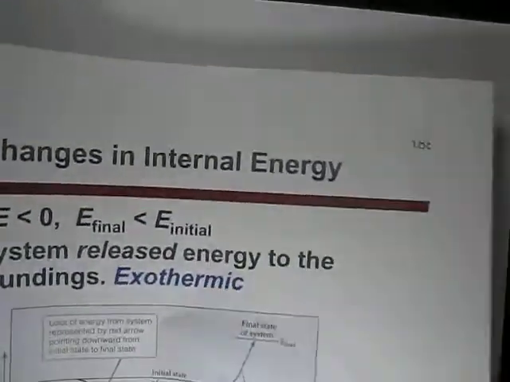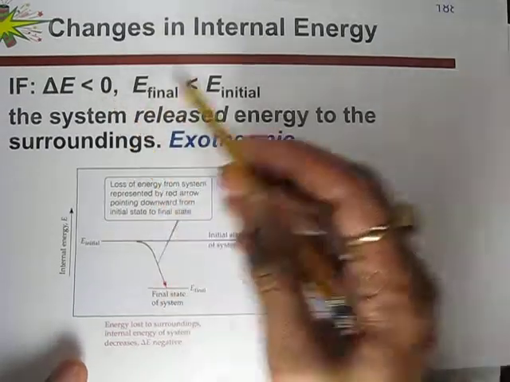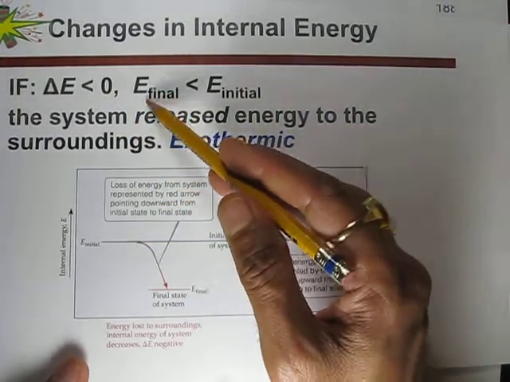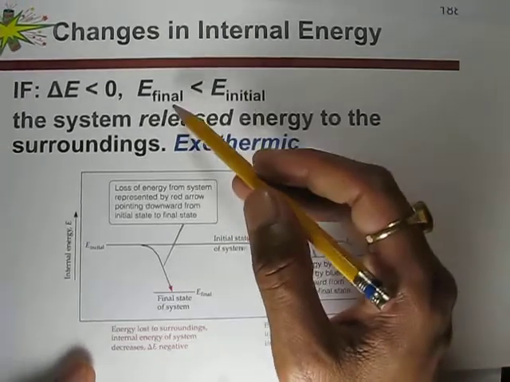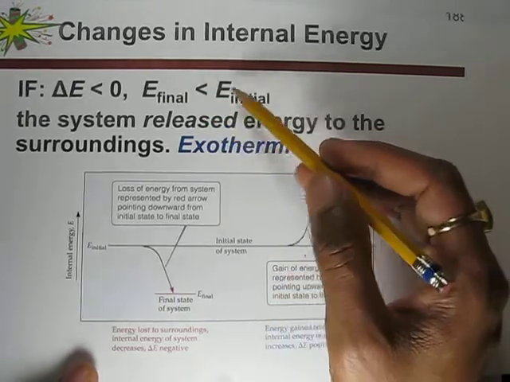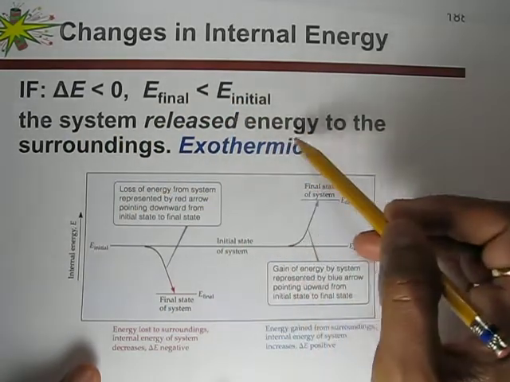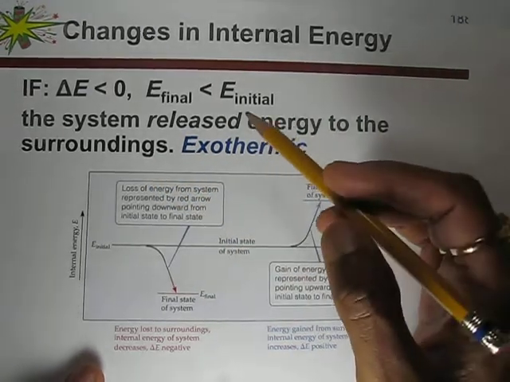Let's see another example. When delta E is less than 0, it means the internal energy of the final state will be less than the internal energy of the initial. So the system releases energy to the surrounding, and this is called exothermic.